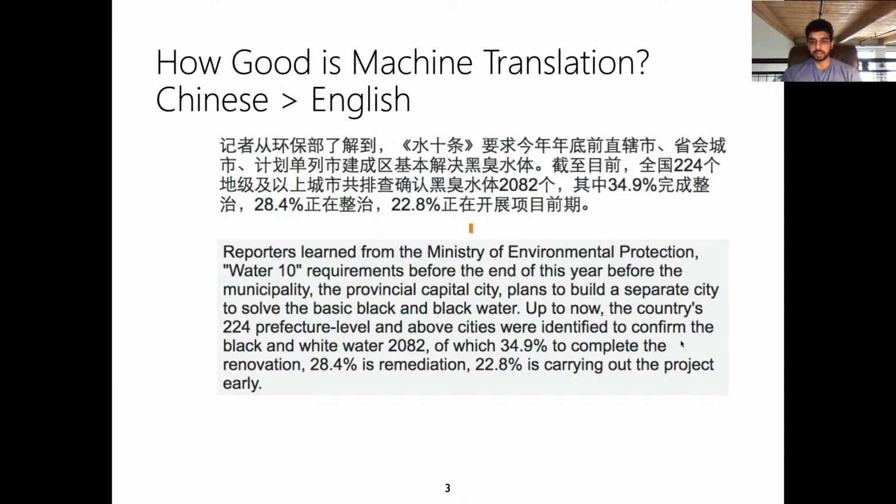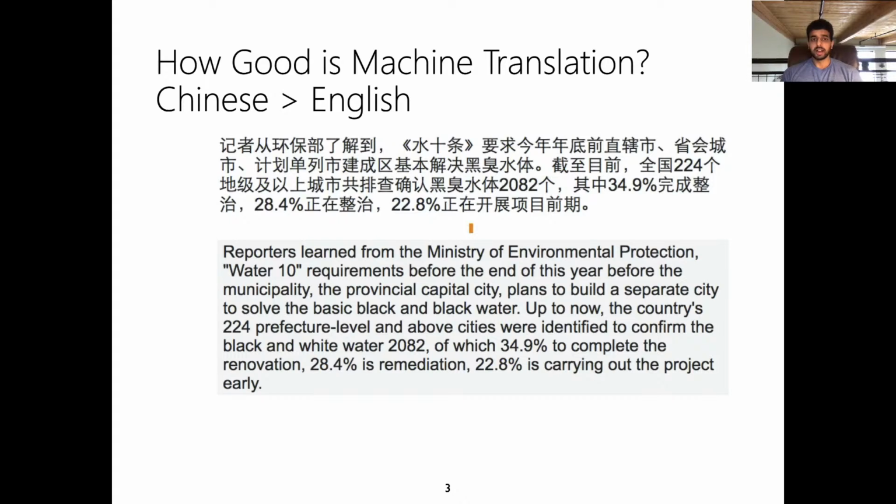These cities were identified to confirm the black and white water 2082. Like, this doesn't make any sense, right? You can see that it does match with some of the numbers that are in the input, but the actual meaning of this paragraph is very unlikely. I mean, it doesn't even make sense. So this is a bad translation.